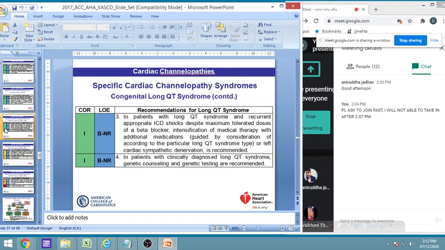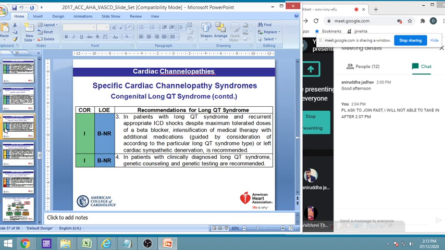Then next is a specific cardiac channelopathy syndrome, congenital long QT syndrome. In a patient having long QT syndrome with recurrent appropriate ICD shocks despite maximum tolerated doses of beta blocker, additional intensification of medical therapy with additional medication can be given, or then another procedure like cardiac sympathetic denervation can be done.